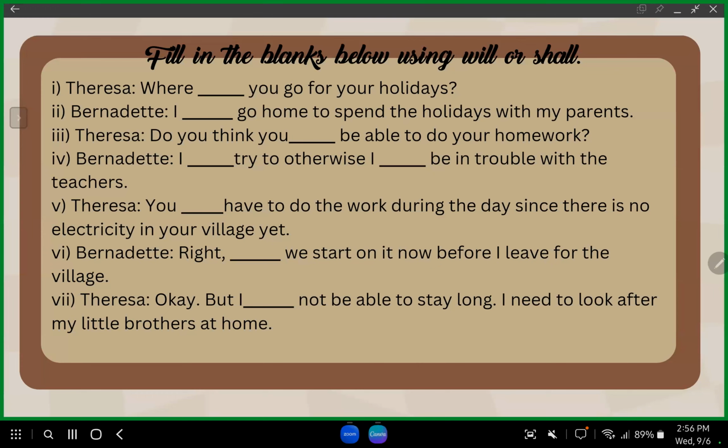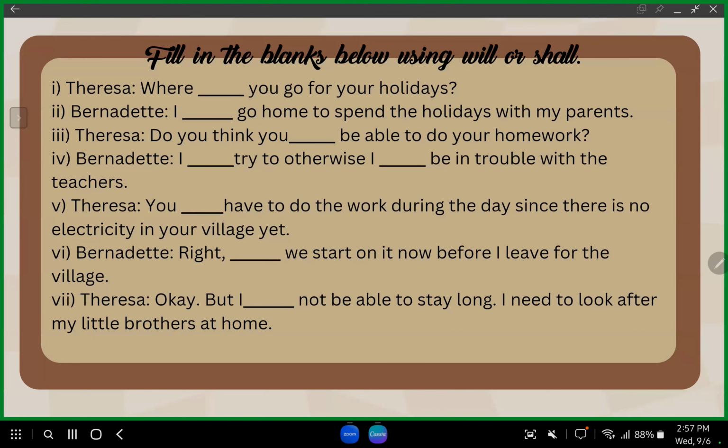Yes, that's correct. You will have to. And then number 6, Alaf says, right, right. Shall we start on it now before I leave for the village? Yes, that's correct.